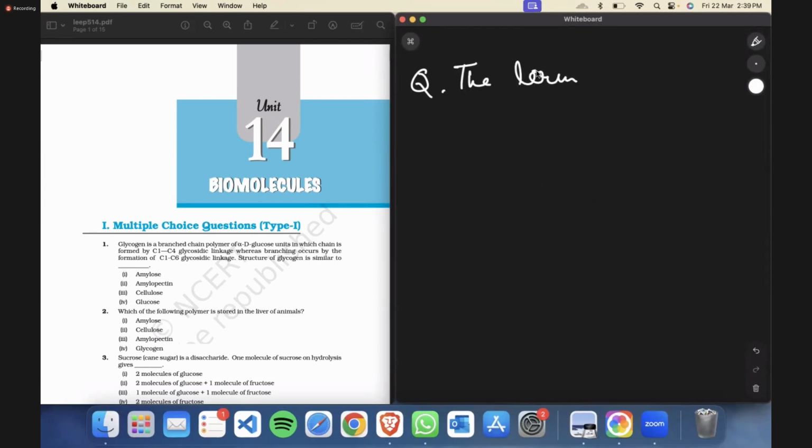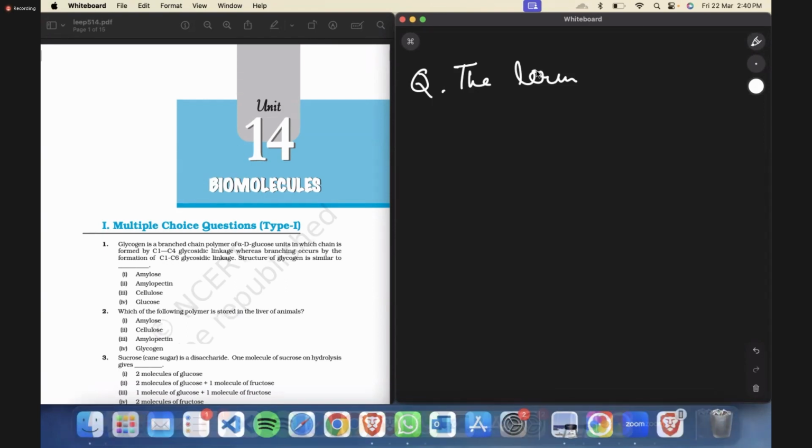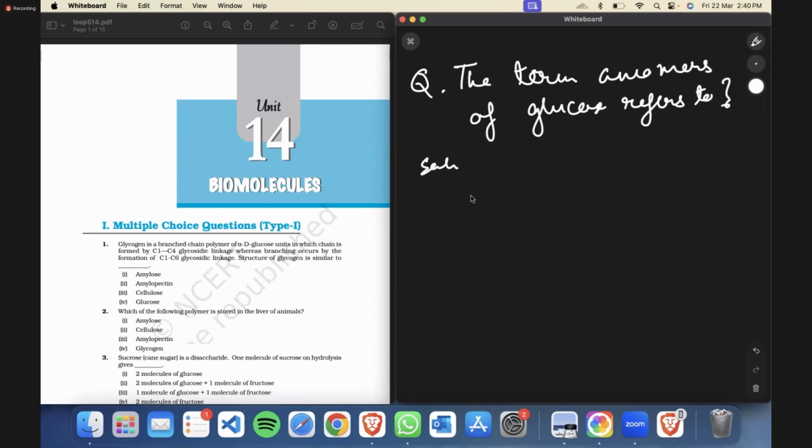The term anomers of glucose refers to what? The anomer is an epimer at the hemiacetal carbon. An atom is called the anomeric carbon due to the stereoisomerism of that compound.